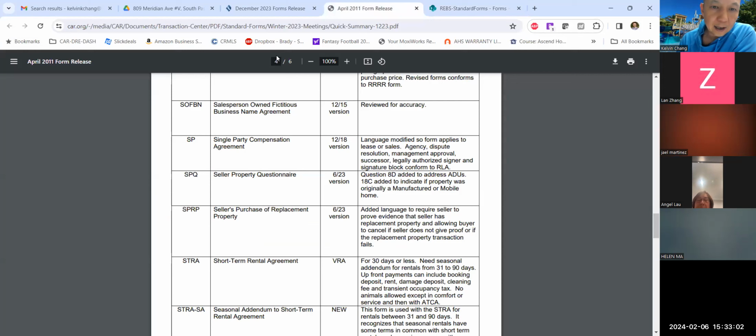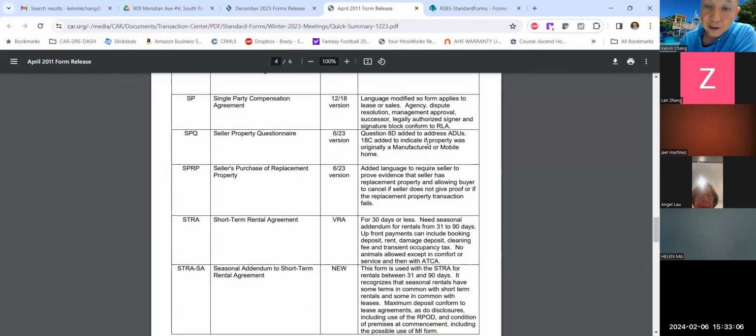The single party compensation agreement, you can use this whenever you lease or sell a property. And this is also a good form to use in the situation of one-sided agency. What does that mean?